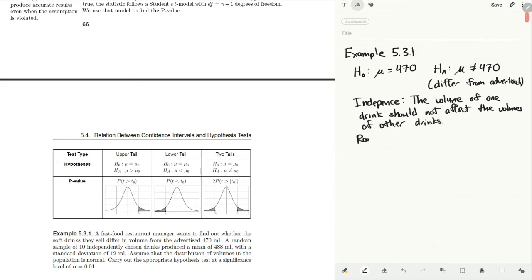So we look for randomization. We're given that the drinks were chosen independently.